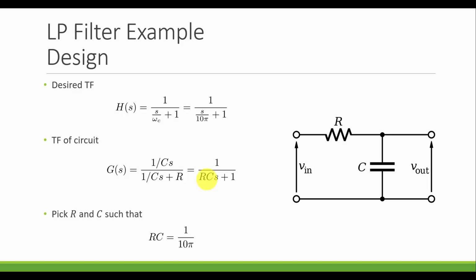So we could select some C. Then, based on the C that we're working with, we have a lot more selection in the resistors, or maybe put a couple of resistors together to get an equivalent resistance, so that when we multiply the equivalent resistance times the capacitance, we're getting that 1 over 10 pi, or at least as close as we can get. In reality, we're probably not going to be able to get exactly 1 over 10 pi to be their product, but we want to get pretty close.